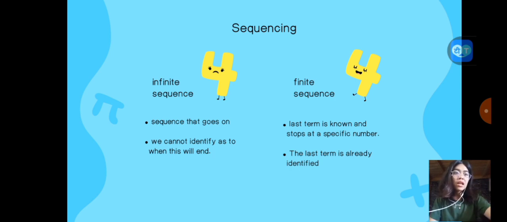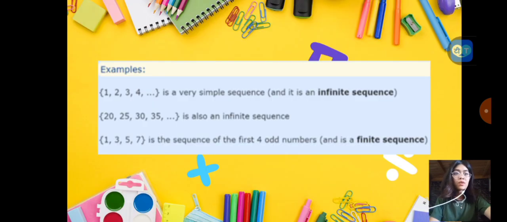Here we have an example of an infinite sequence and a finite sequence. In an infinite sequence, there are always three dots indicating that it is still continuing. Just for example, here: 1, 2, 3, 4, 5, 6, 7, 8, 9, 10, and so on and so forth.